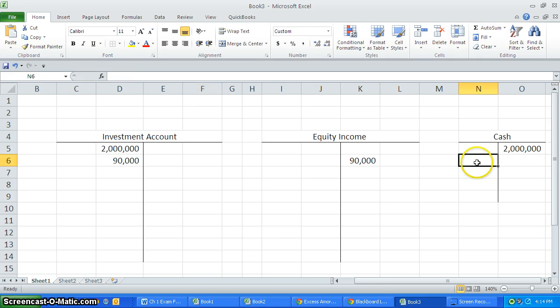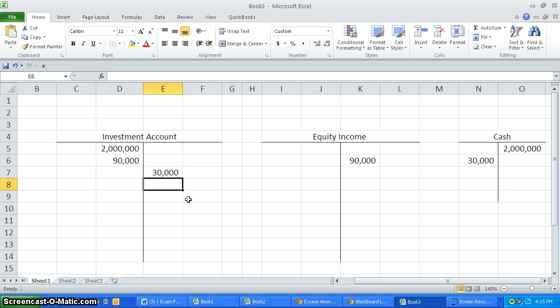So we're going to get $30,000 in cash, and it's going to reduce our investment by $30,000. So notice it had no effect. The dividend had no effect on our equity income. It's cash and a reduction to our investment.